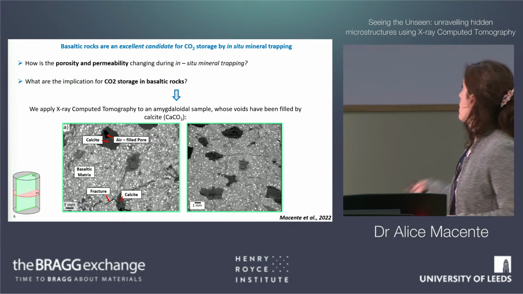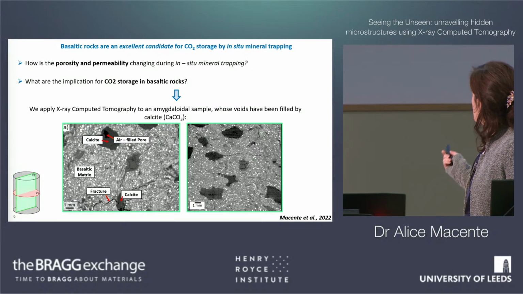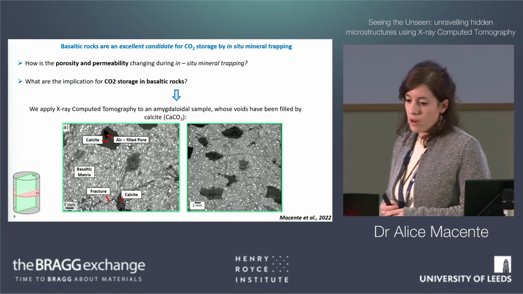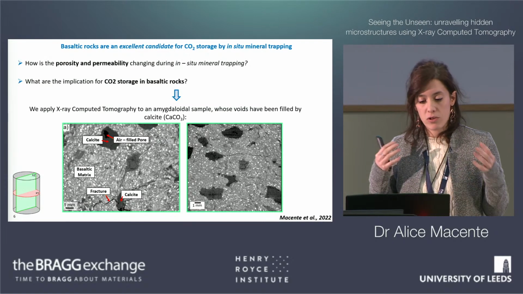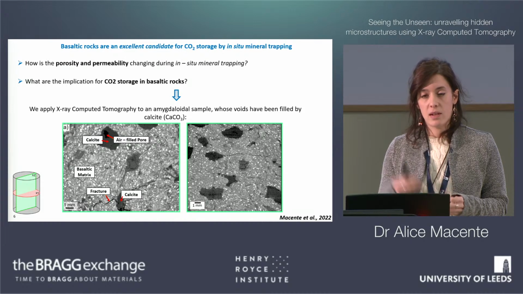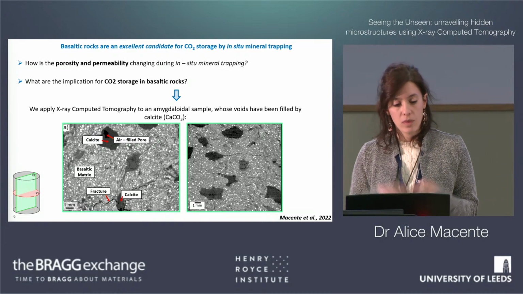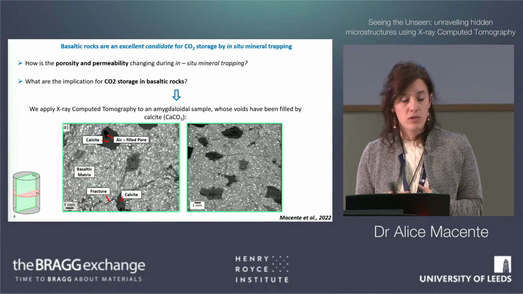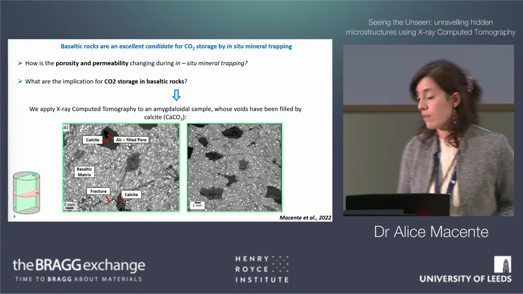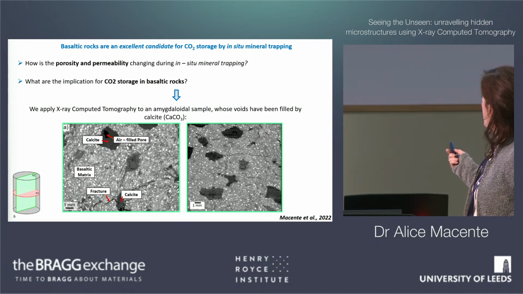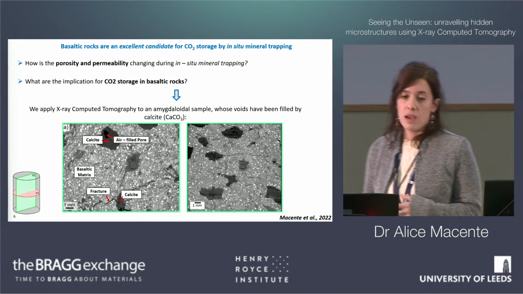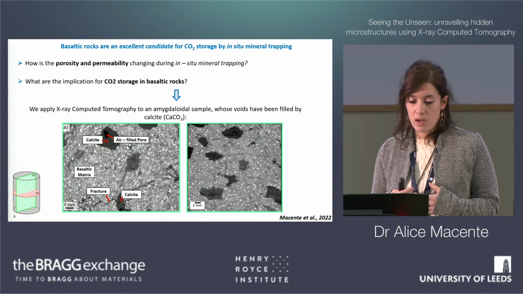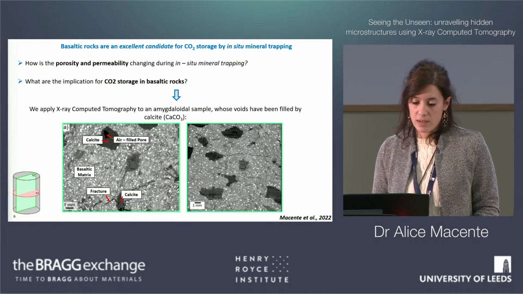In this case, I apply this technique to a type of basalt that is called amygdaloidal, because during the cooling, air got trapped inside, and it was later filled. CO2 fluids infiltrated the rock, and they essentially mineralized this type of carbonate mineral, which is called calcite. And I did this as an analog to CO2 injection into basalts.